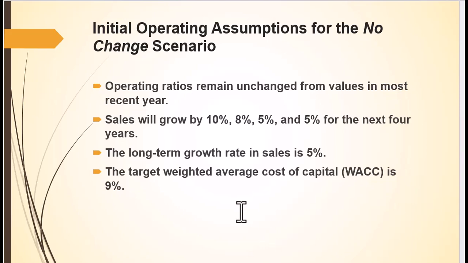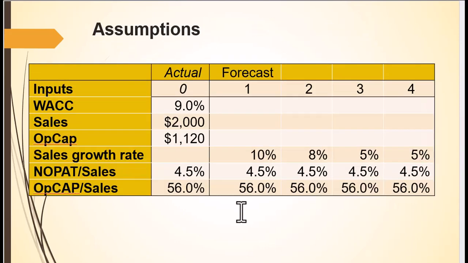The long-term growth rate in sales is 5%. And again, our weighted average cost of capital is 9%. So if we look at this database, in year 0, we have the weighted average cost of capital, sales, and operating capital. This is the data we were just given.